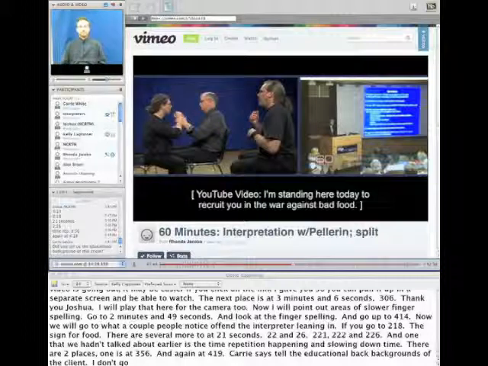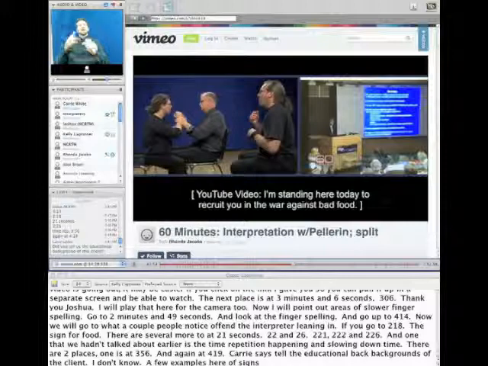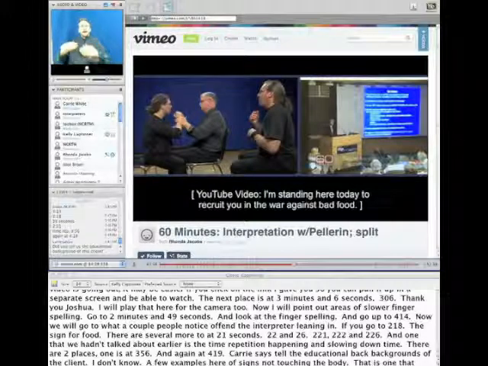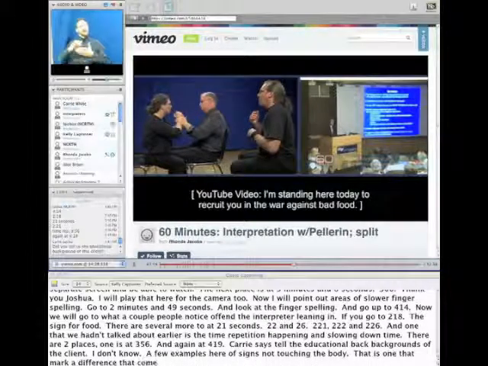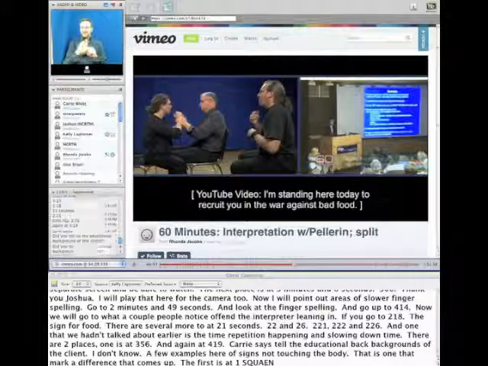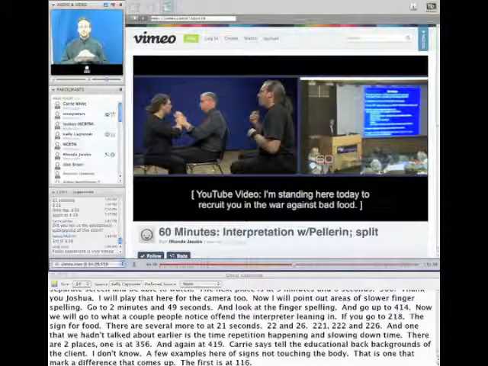And a few examples here of signs not touching the body. It's one marked difference that often comes up. So the first one of those is at 1:16. I'll play that one again. The sign for hospital at 1:16.